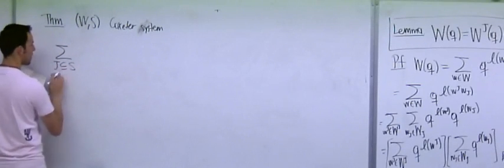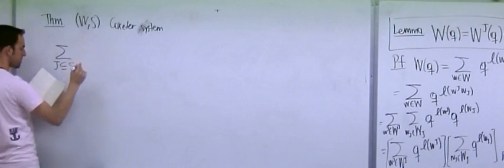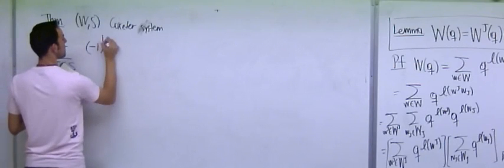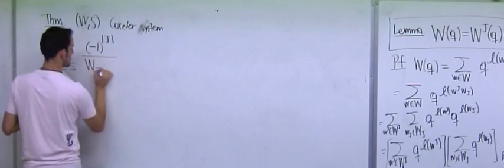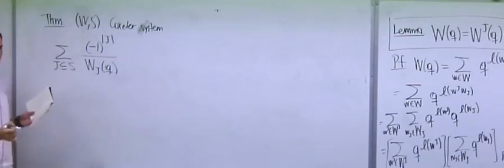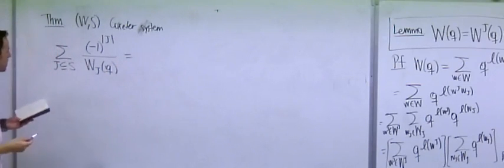If you add up over all subsets of generators, and for each one of them, you do this. When you do this, you get something very simple.